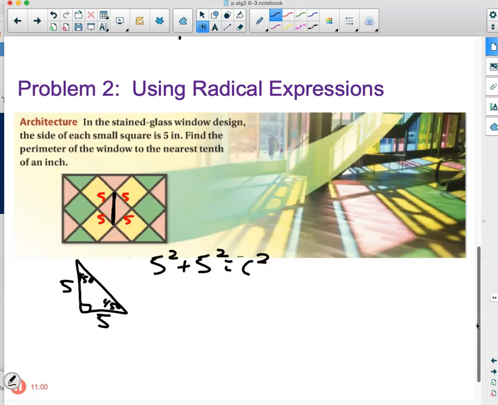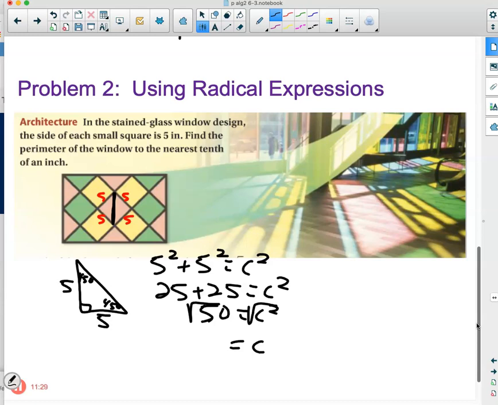5 squared plus 5 squared equals c squared. Okay, well 5 squared is 25. 25 plus 25 is 50. How do we undo squaring something? Square root. Now, if we want this to be beautiful and perfect, we'd think, do we have any perfect squares that divide into 50 nicely?